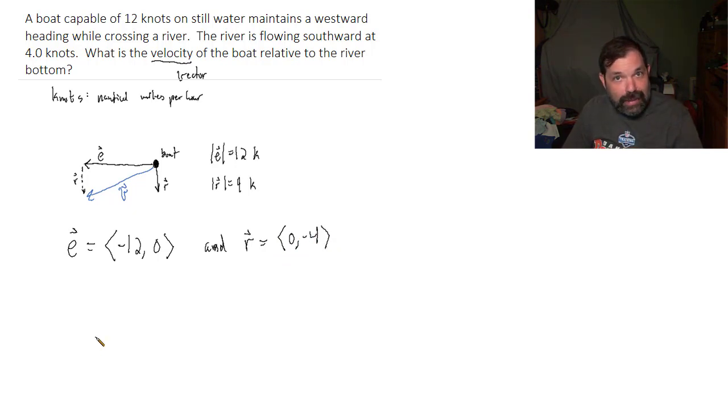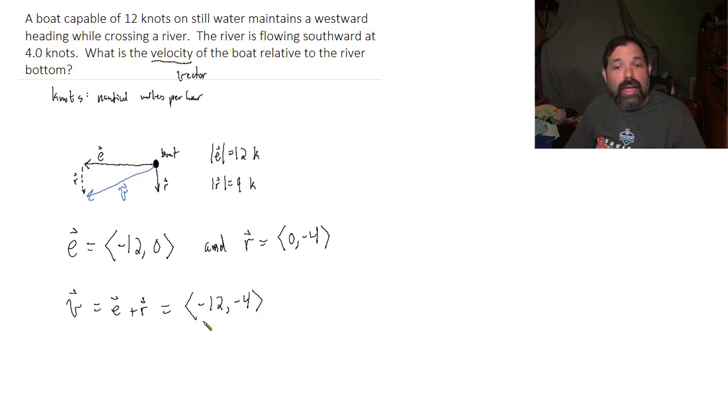The river is acting southward, so in the negative y direction, with 0 in the x direction. The velocity vector is equal to E vector plus R vector, which is negative 12, negative 4, just adding the components since they are now standard vectors.